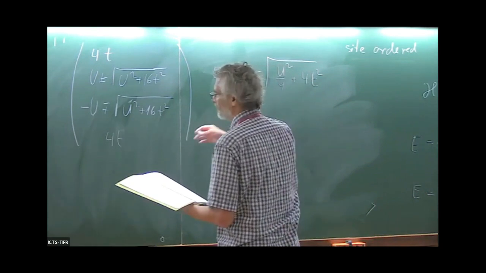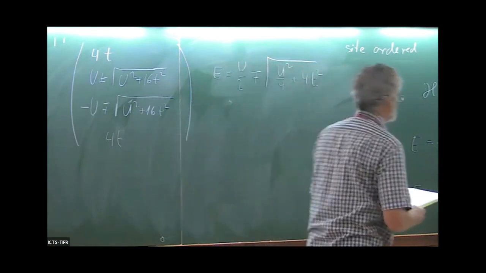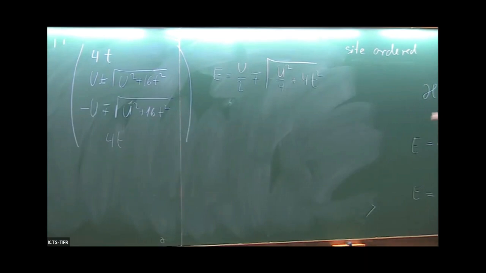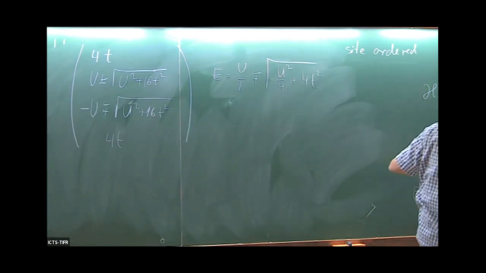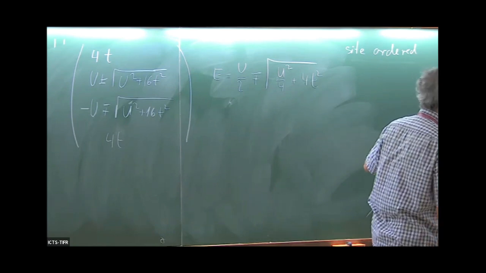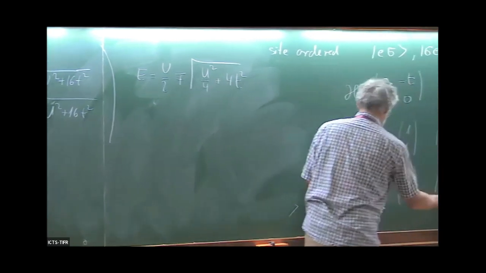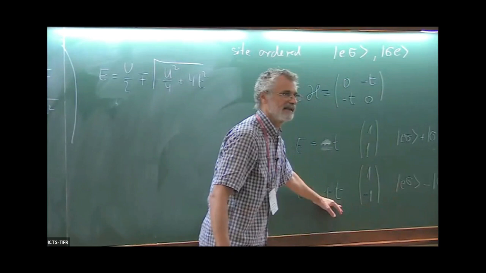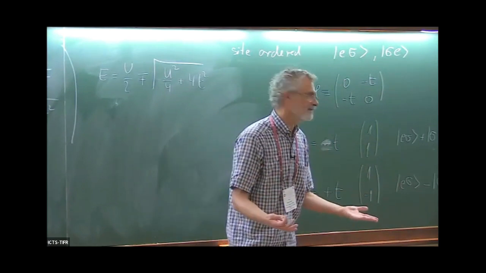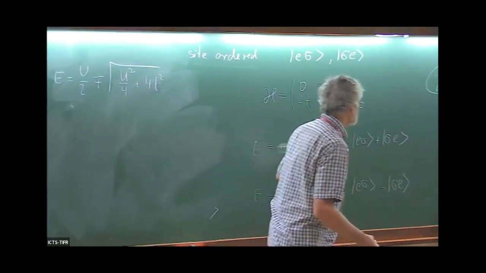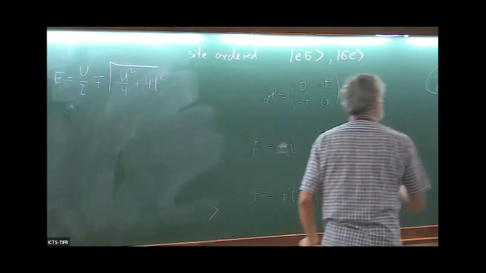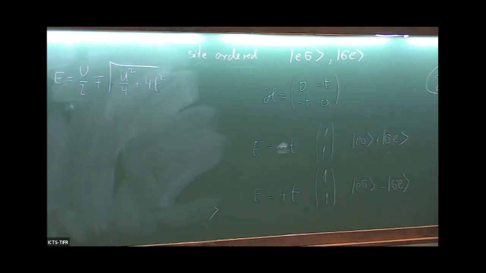Let's try to draw the energy levels of this problem. This is the single particle. In the single particle, we found two states. One has energy minus T, and the other has energy plus T. So if there is no interaction, we will have these two energy levels.